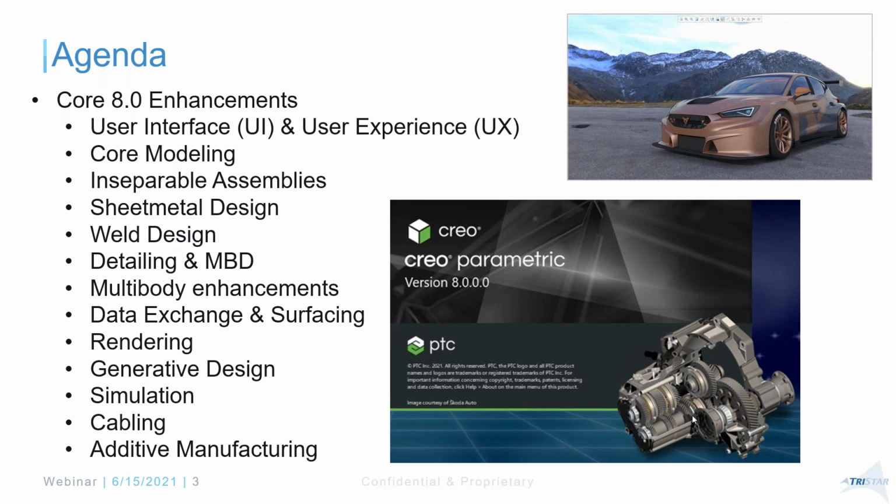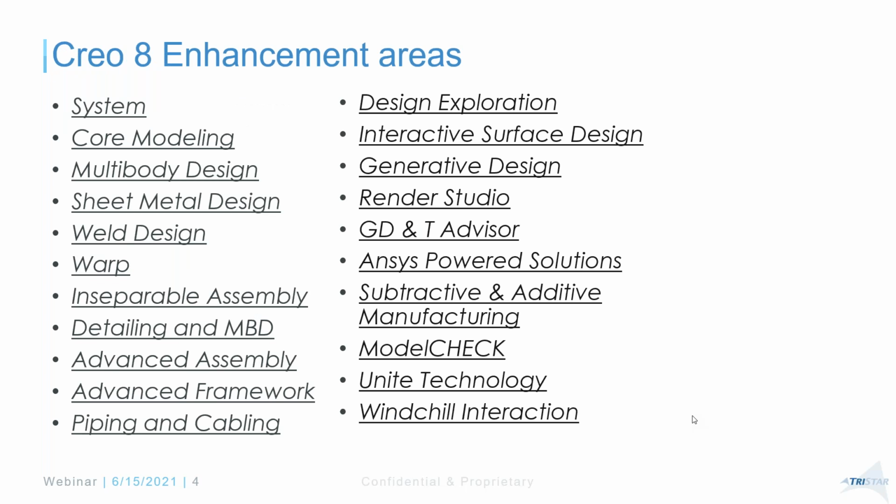on a day-to-day basis. This is just a quick snapshot of pretty much all the areas that they enhanced. It might be one or two enhancements sometimes, but this just gives you an idea of the core modeling obviously has been improved. Multi-body design introduced in Creo 7. They're kind of working on that still with a few enhancements.